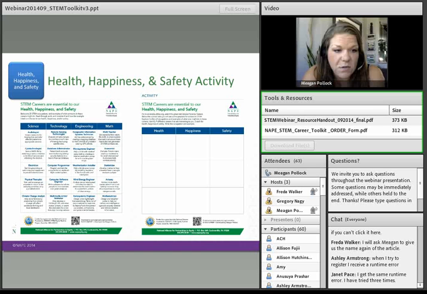So it introduces 20 different careers. And the challenge is to help your students think about how each of these influences our health, happiness, and safety. There's no right or wrong answer. It's really whatever they think, because in general, a lot of them are essential to health, happiness, and safety. So this is one of the activities available to you in the toolkit.